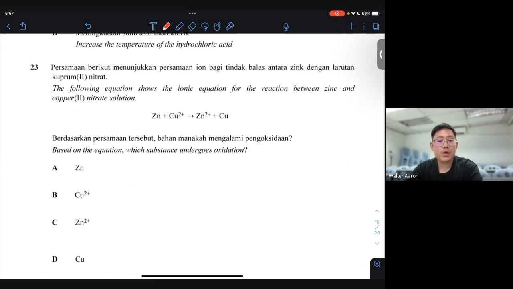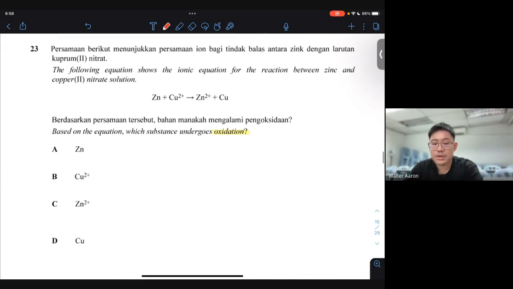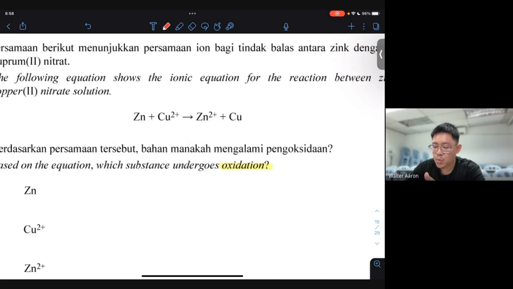23, the following equation shows the ionic equation for the reaction between zinc and copper nitrate. Based on the equation, which substance undergoes oxidation? There are many definitions of oxidation and reduction. One way to see this is the gain of oxidation number or the loss of electrons. In this case, based on this ionic equation, we can see one very obvious thing.